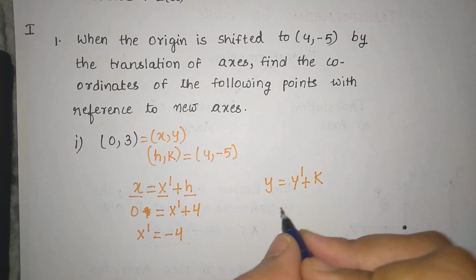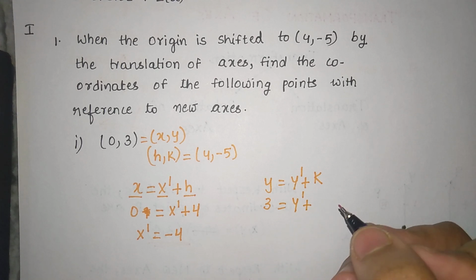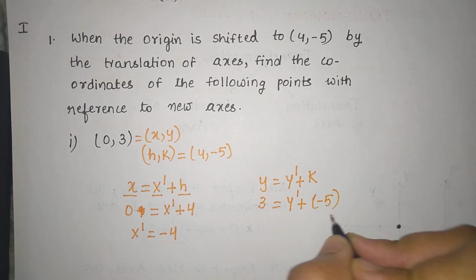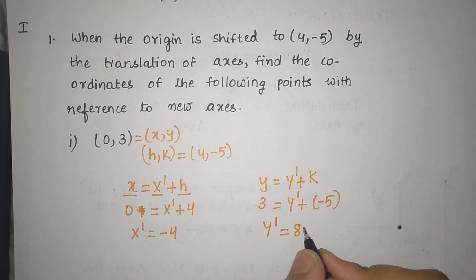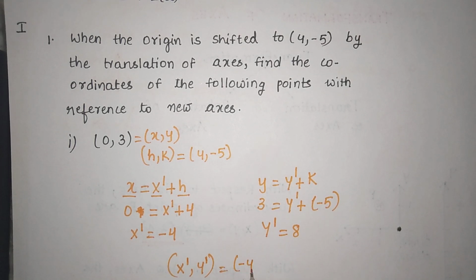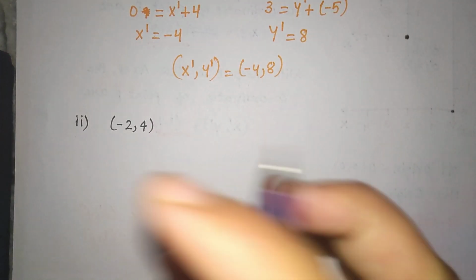Given small y is 3, y dash you have to find out. What is k? k here is minus 5. So shifting minus 5 to this side, you will get y dash is equal to 8. So x dash and y dash are minus 4 comma 8.